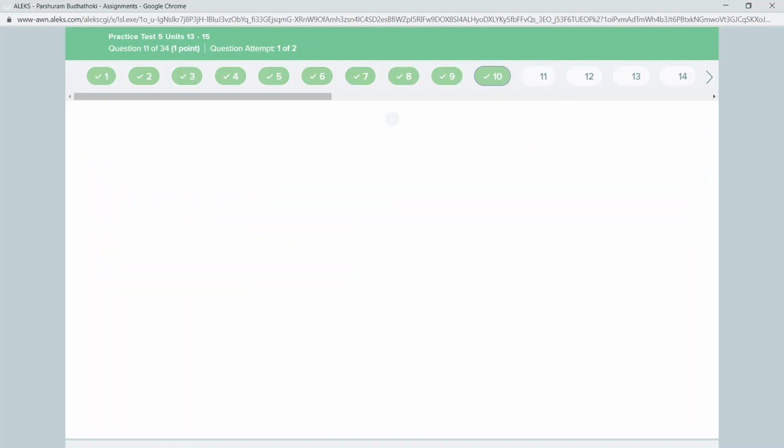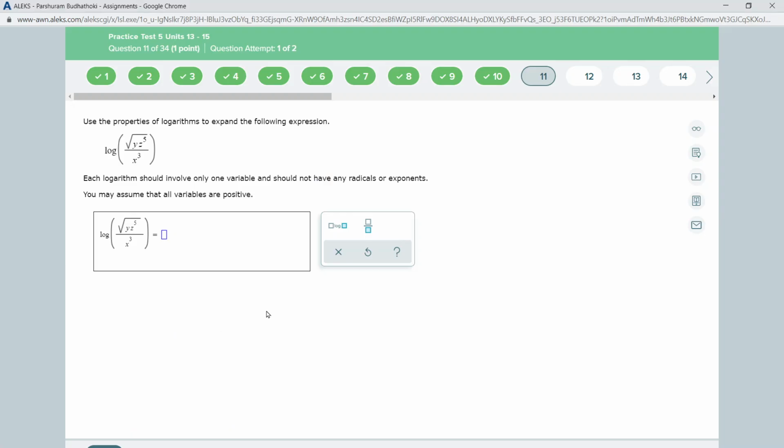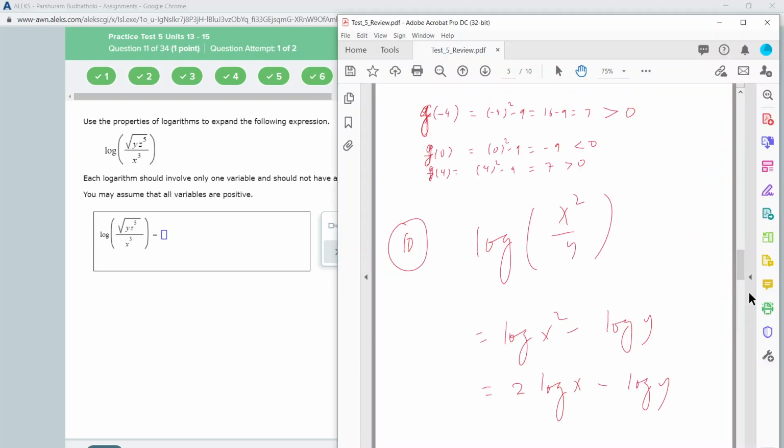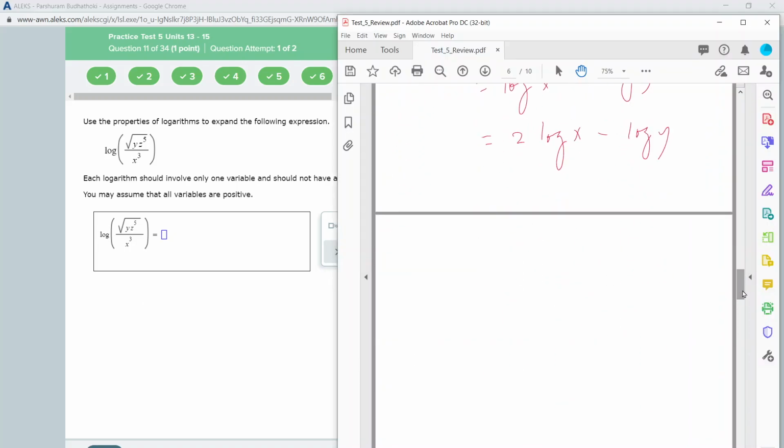Let's go to the next problem, problem 11. We are going to use the same trick by using the properties of the log function. We can just write it down: log, whatever you have on the exponent, there is a radical sign. Radical sign means power half. So this will give you y to the power half, z to the power 5 to the power half.